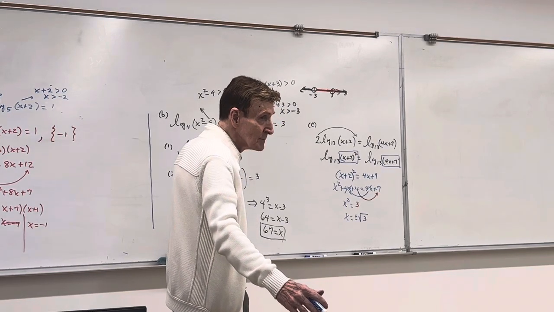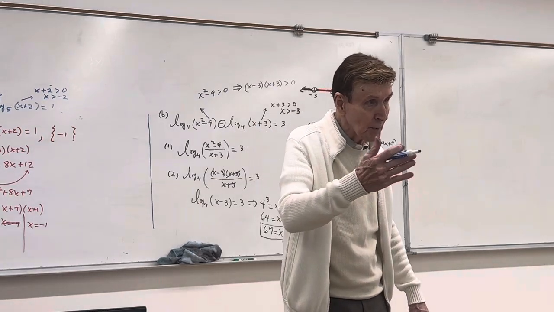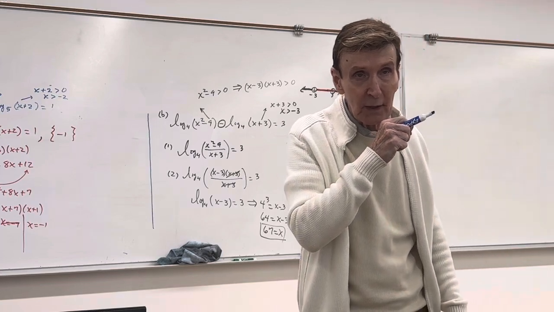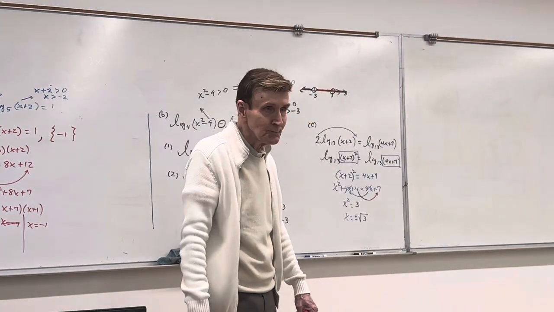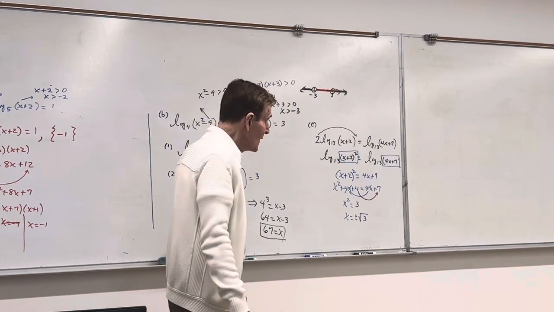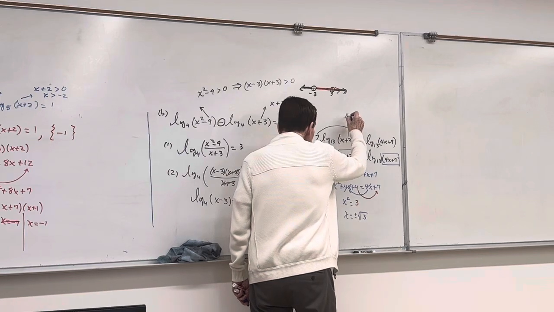Now, tell me, may I leave it, turn my paper in, and say, Professor, the answer is plus or minus square root 3? Or is there something else I should do before I turn my paper in? And it better fit the domain. The domain of this one is x plus 2 must be what?